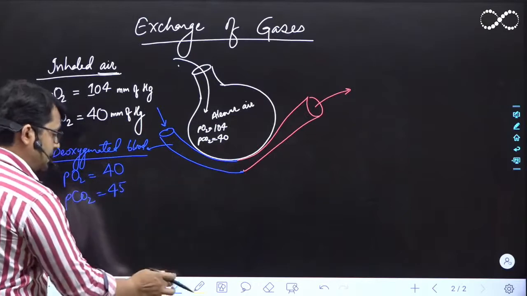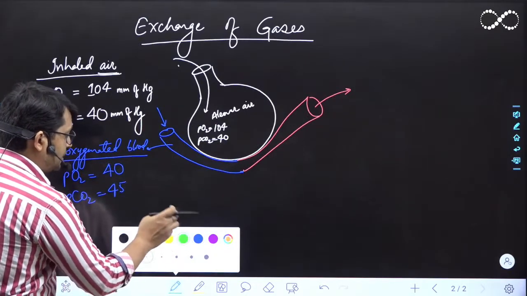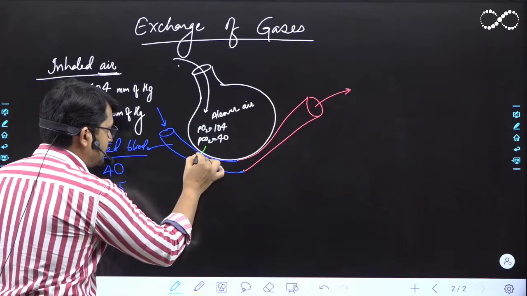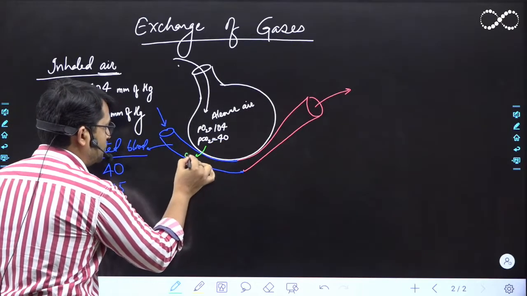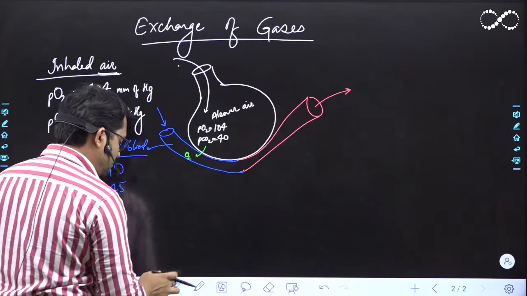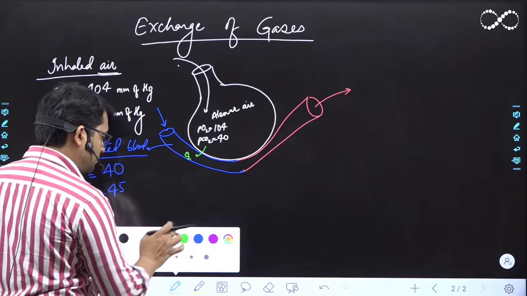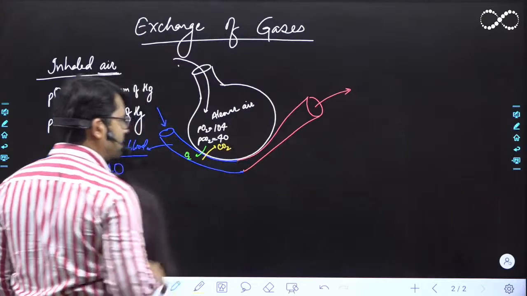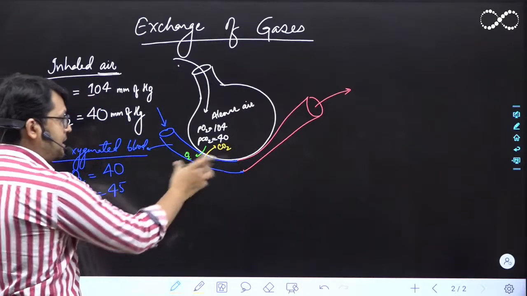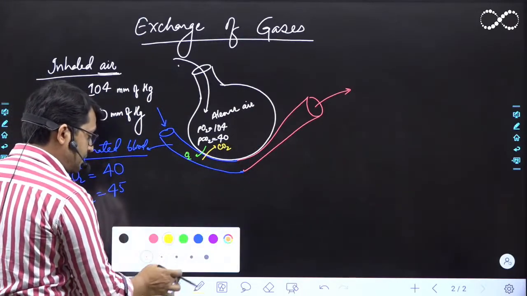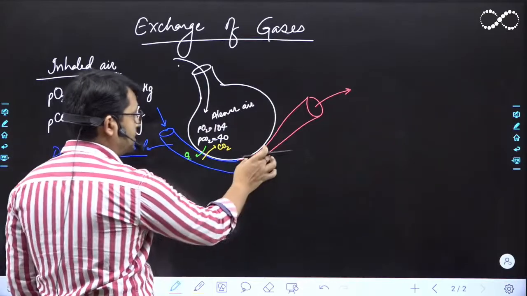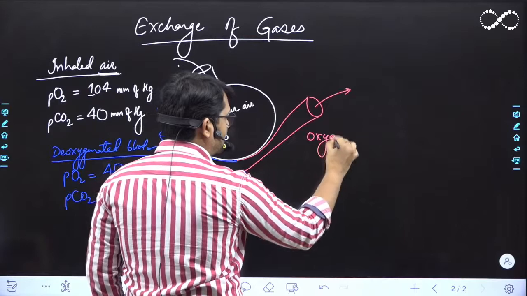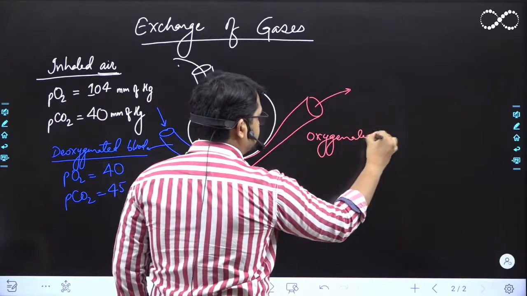Since there is a gradient, now what is going to happen is oxygen is going to come in, O2, and CO2 is going to move out, correct? As a result, now this blood will have more of oxygen and less of CO2, and such a blood is called oxygenated blood.